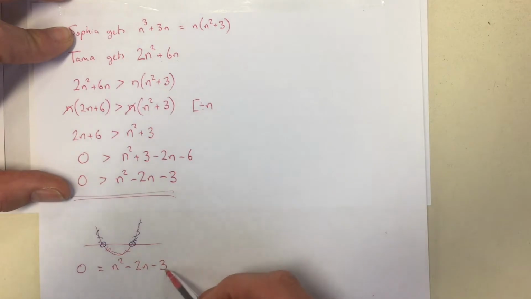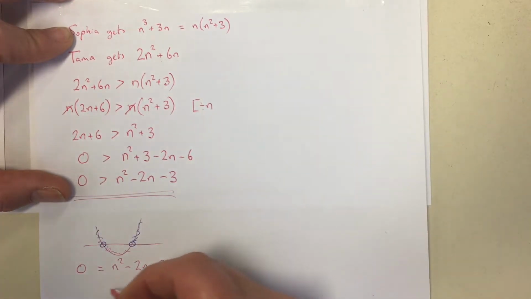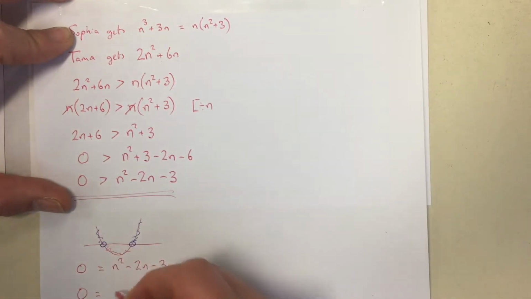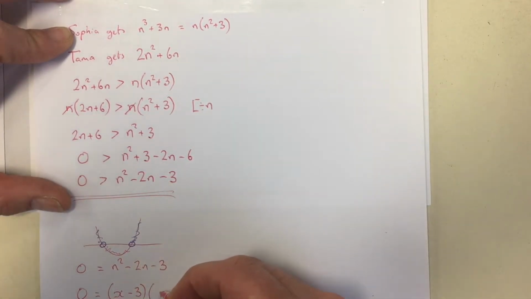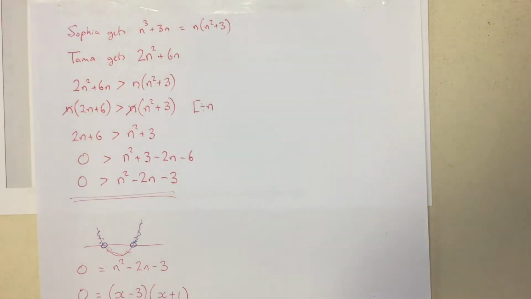So, what two numbers multiply to minus 3, add to minus 2, that would be minus 3 and 1. Okay, so 0 equals brackets x minus 3 and x plus 1. Okay, that will multiply to minus 3, add to minus 2. Perfect.